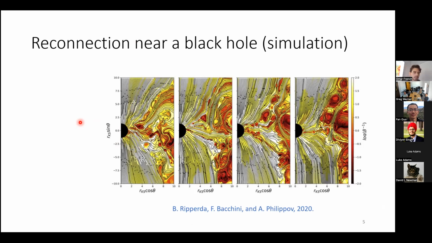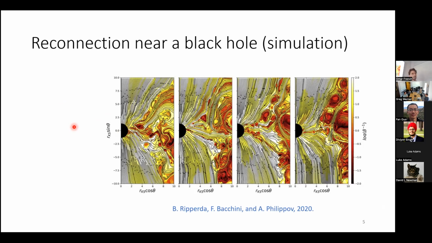And so closer to the black hole, you will have low beta, and further away, you have high beta. And that indicates that you might have fast reconnection near the black hole, and further downstream, you might have more plasmoids. And that is what we see as you proceed through this movie. So this is just sort of to capture your interest, if this is something that interests you with astrophysical applications.